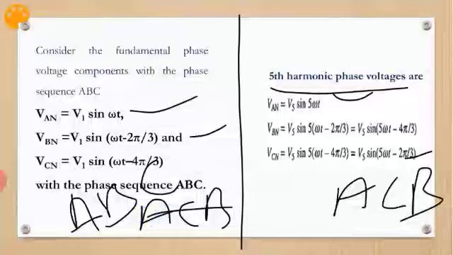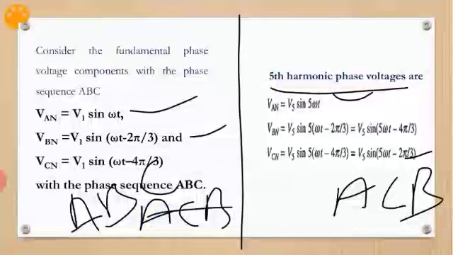Here I conclude from the above equations that the seventh harmonic has the phase sequence ABC, which is the same as that of the fundamental, hence it is a positive sequence harmonic, whereas the fifth harmonic has a phase sequence ACB, hence it is a negative sequence harmonic.